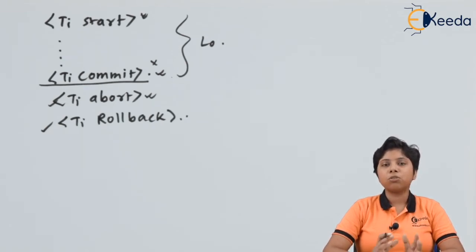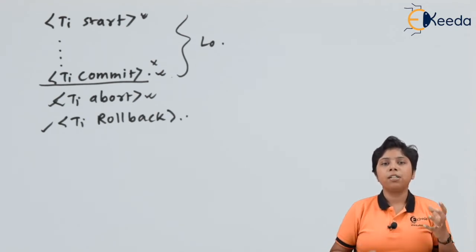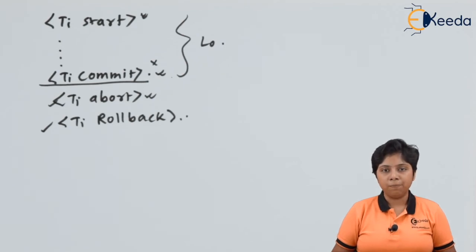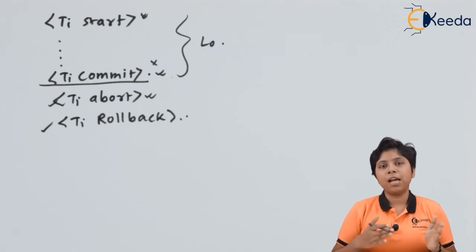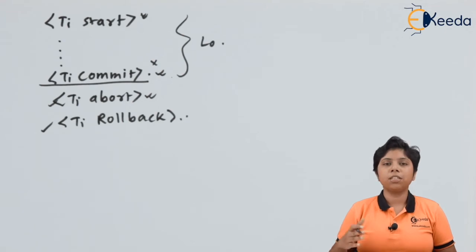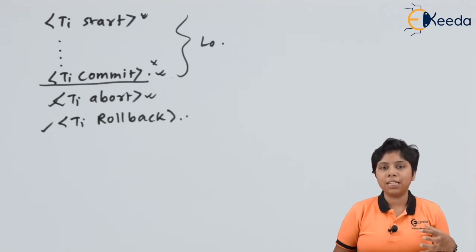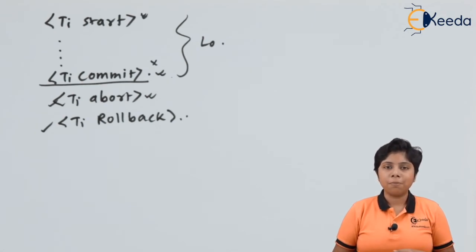Now let us consider two transactions, T0 and T1. The first one deducts $50 from account A and credits $50 to account B. So T0 is the modification where A is deducted by 50 and B is increased by 50. The other transaction, T2, considers that in account C, someone has withdrawn 100 rupees, so the account balance will be deducted by 100.